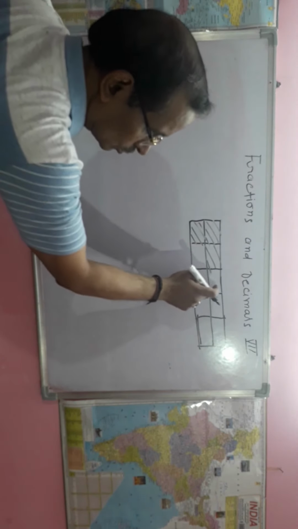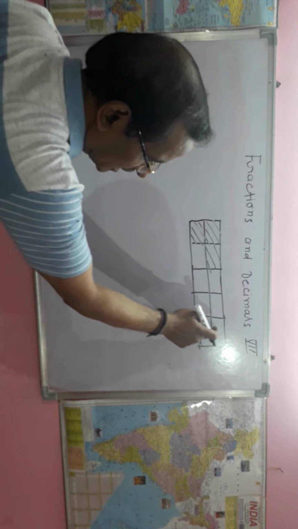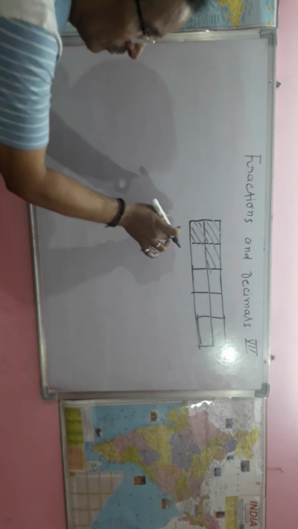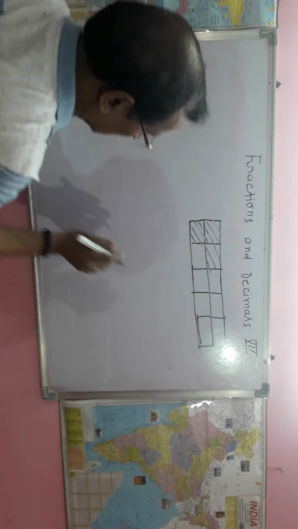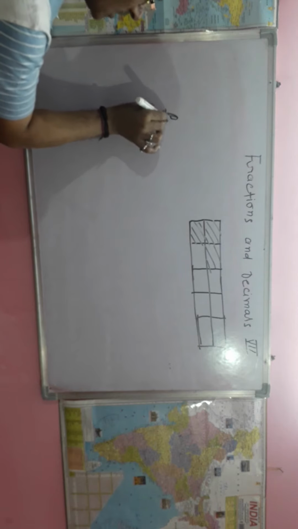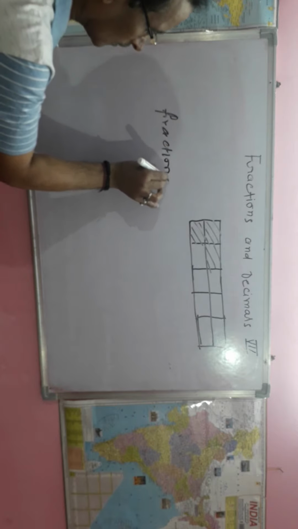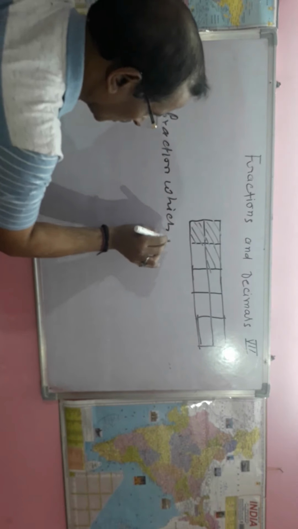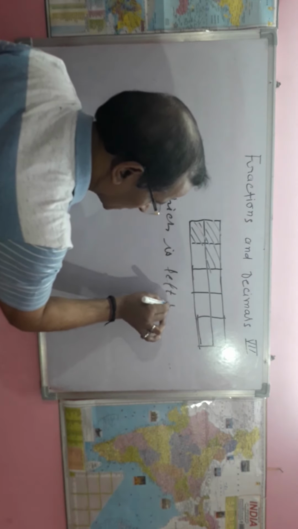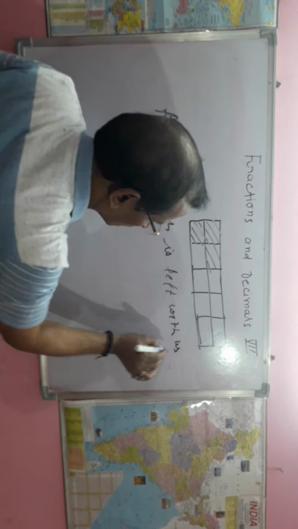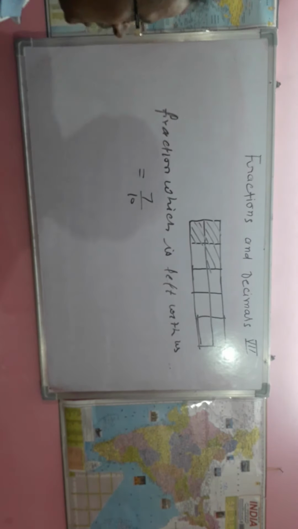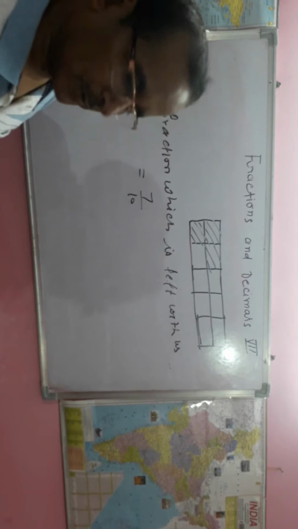Now 1, 2, 3, 4, 5, 6 and 7. 7 parts will be left with us. We can write it as a fraction equal to 7 upon 10. Now 7 is the numerator and 10 is the denominator.